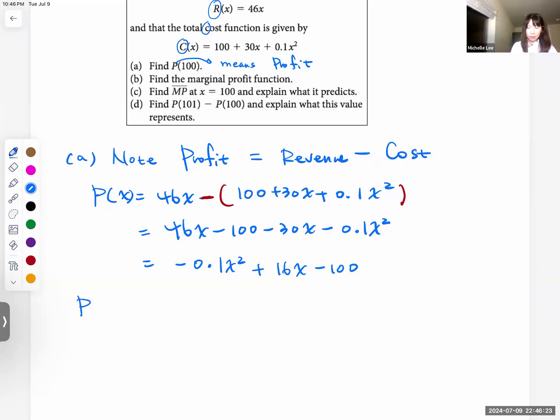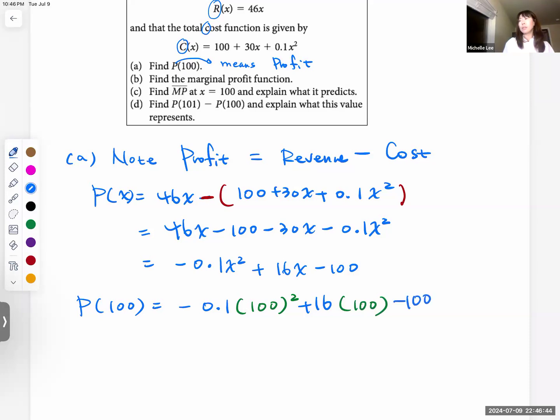Then the first one we want to know about is when x equals 100, so P of 100 equals negative 0.1 times 100 squared plus 1600 minus 100. Okay, so we calculate and we get 500.